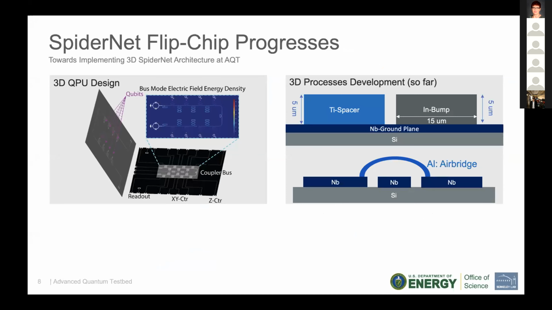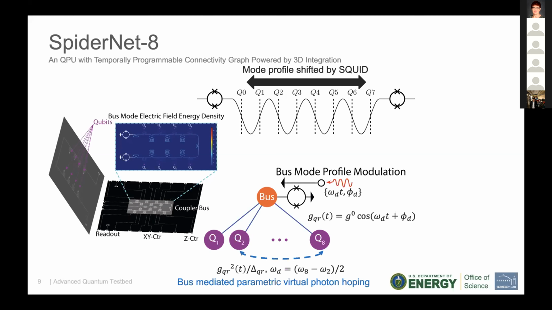So your qubits will see a modulated coupling to the bus resonator mode. And in this way, if you modulate the mode profile and the coupling appropriately with the frequency matching the detuning between the second and say the 8th qubit, you'll be able to induce these swap interactions between the second and 8th qubit, similar to the one Ravi mentioned for the parametric gates. Actually, this is a parametric gate.